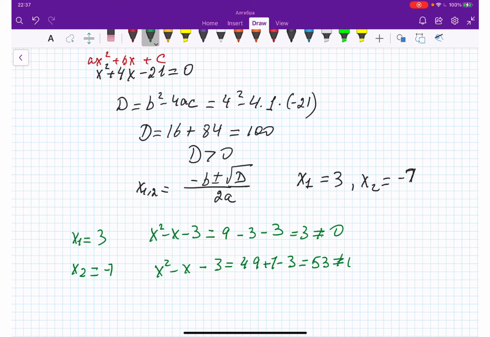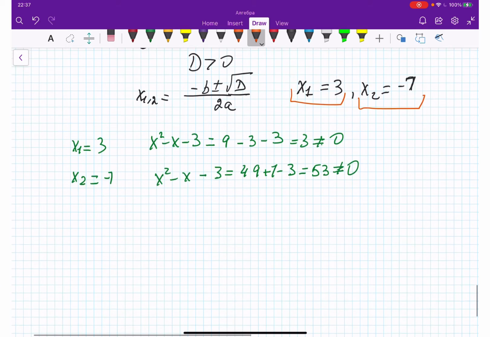That is not equal to 0, which means both solutions satisfy this algebraic fractional equation. And there is no other solution to this equation.